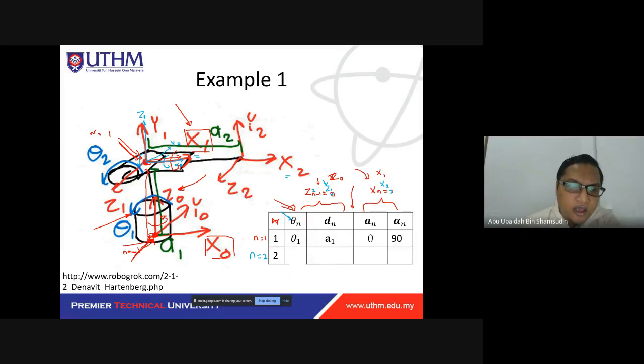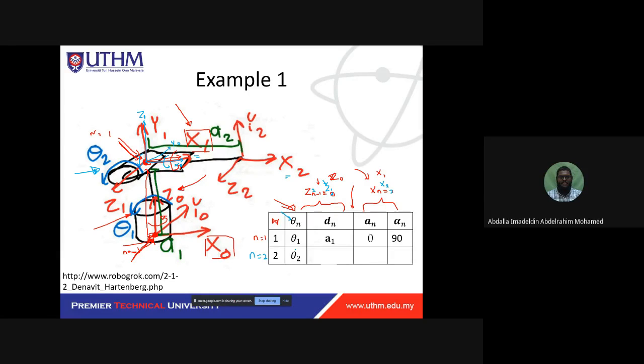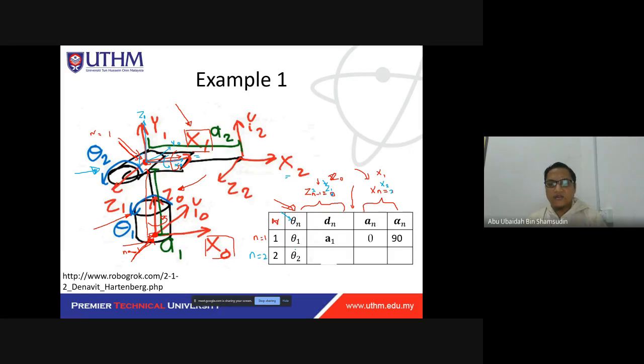Because this robot has an active joint, which is theta 2 here, the value of theta is easy. You just put it as theta 2. This is theta 1, this is theta 2.